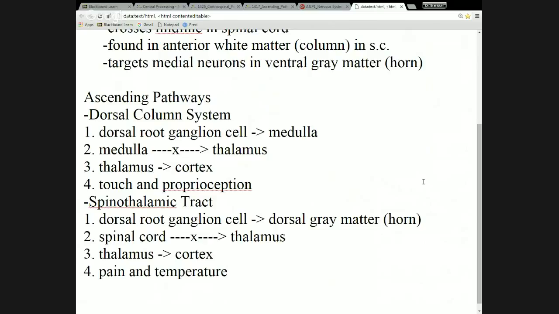Now, if you have a hemisection, then we can actually find some differences in sensation based on the two ascending pathways. So with the descending pathway, the corticospinal tract that I was talking about earlier, if you have a hemisection, half of the spinal cord, say at this level, is affected, then from that point down, you won't be able to control any muscle movements.